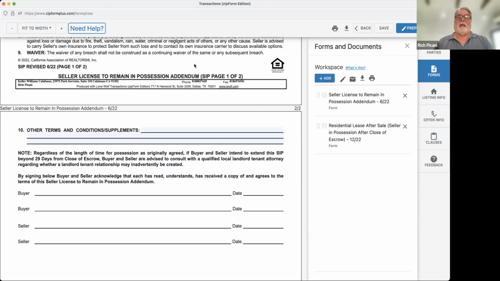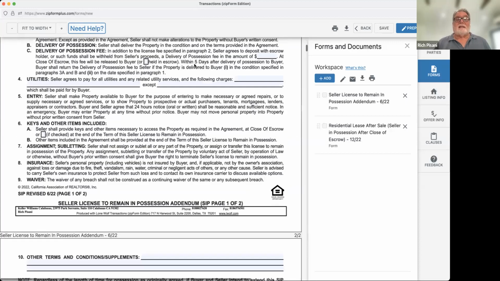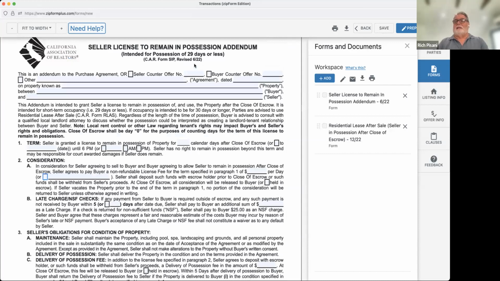Because guess what happens after 30 days or at 30 days? You create a landlord-tenant situation, and that's why there's 2 different forms. And it's important to use the right form. So that is the seller in possession addendum.